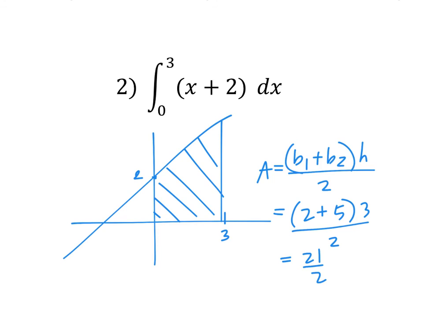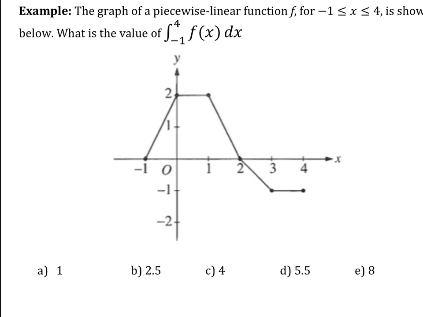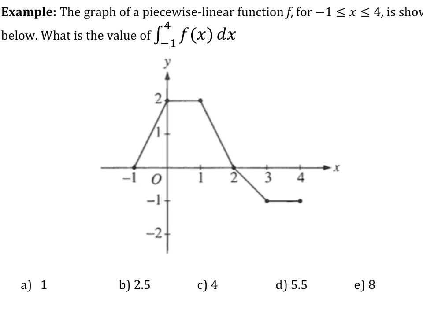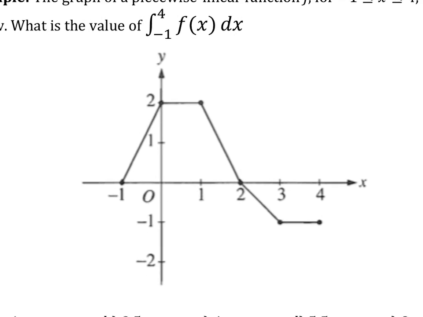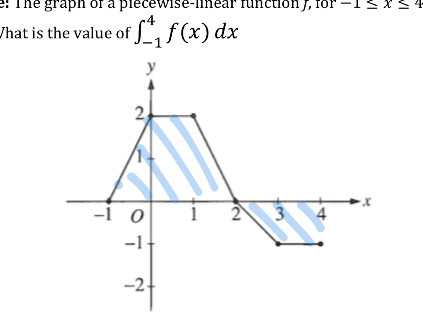So, area under the curve. Now I'm going to give you a more tricky one. This is the integral from -1 to 4 of this graph. That is this area plus this area. Notice the negative area is going to subtract out. What is the total area under this curve?